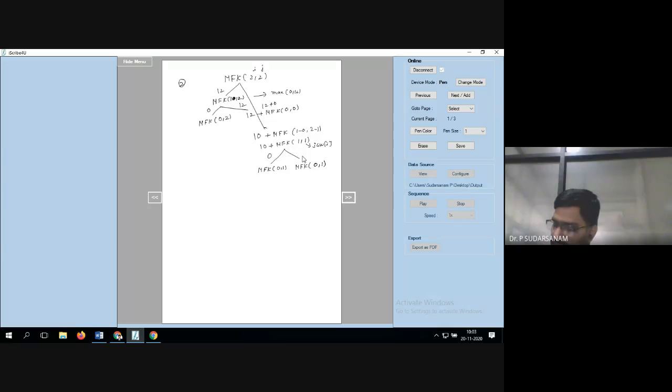Now this value will become 0. So 10 plus 0, finally we get 10. In this case max of 12 comma 10 is equal to 12.